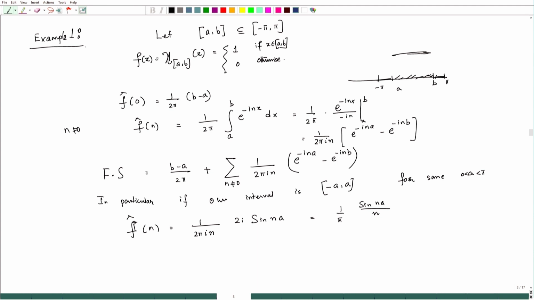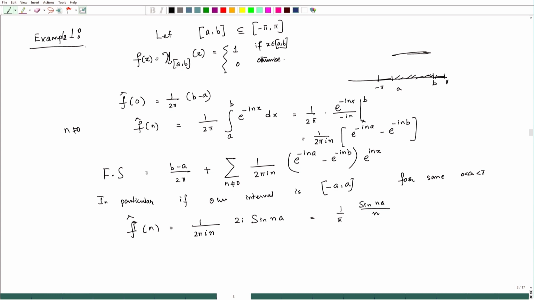So, that is going to be the Fourier coefficient. And now, here I had forgotten, this e to the power I n x has to be there. Yes, that is the Fourier series, this is only the Fourier coefficient.